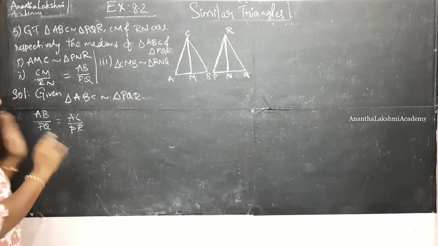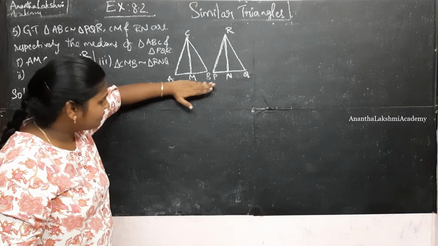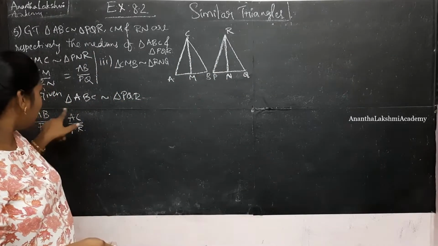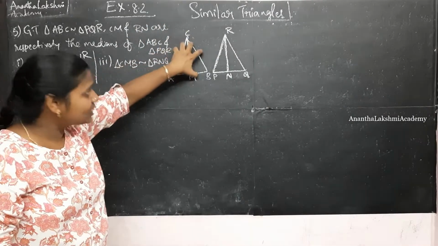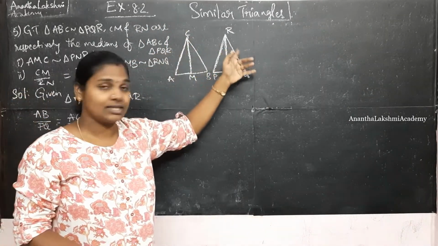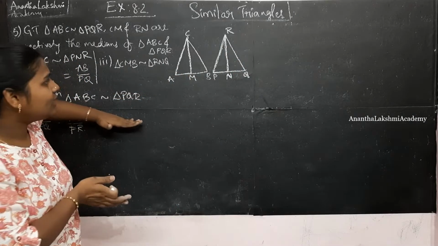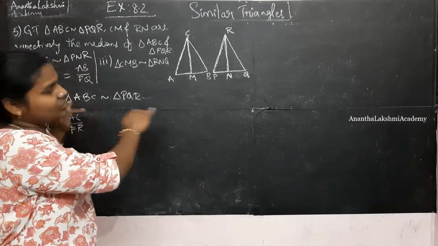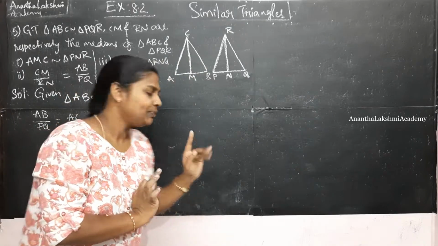Most of the students commit a mistake here. When you take one side of this triangle first, then for the other side also, the numerator has to be this triangle's side only, not the other triangle's side. Make sure that if you have taken a side from this triangle in the numerator, always keep the sides of this triangle itself in the numerator. Keep it in mind.